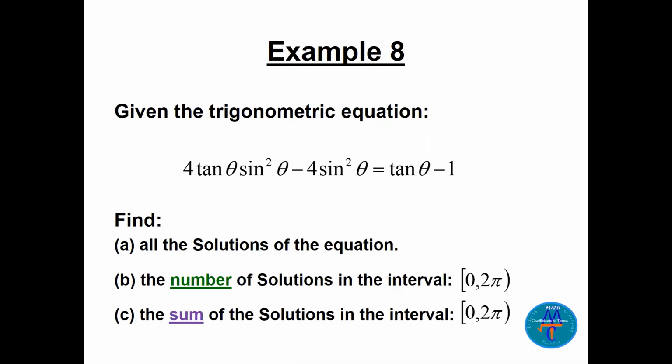Part B, find the number of solutions in the interval 0 to 2 pi. In part C, find the sum of the solutions in the interval 0 to 2 pi, which means we find the solutions from 0 to 2 pi, then we add them. In part B, we need the number, we count the numbers only.